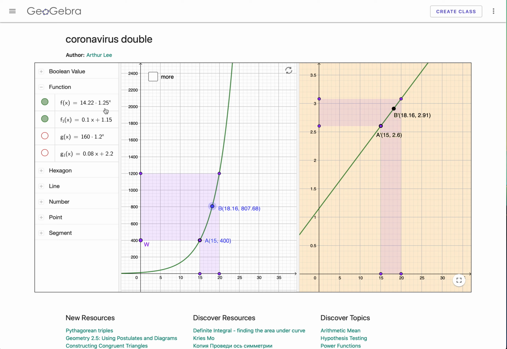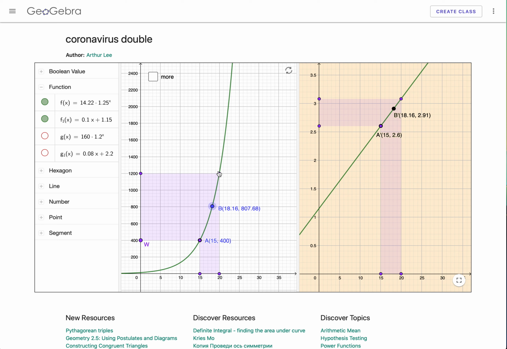That means each day it is increased by 25%. That's why each day you will expect to multiply the value by 1.25. And after 5 days, that means 1.25 to the power 5, you can use the calculator to check it. It should be more or less 2. It amounts to a factor of 2 if you take it to the power 5, that means this is what happens in 5 days.